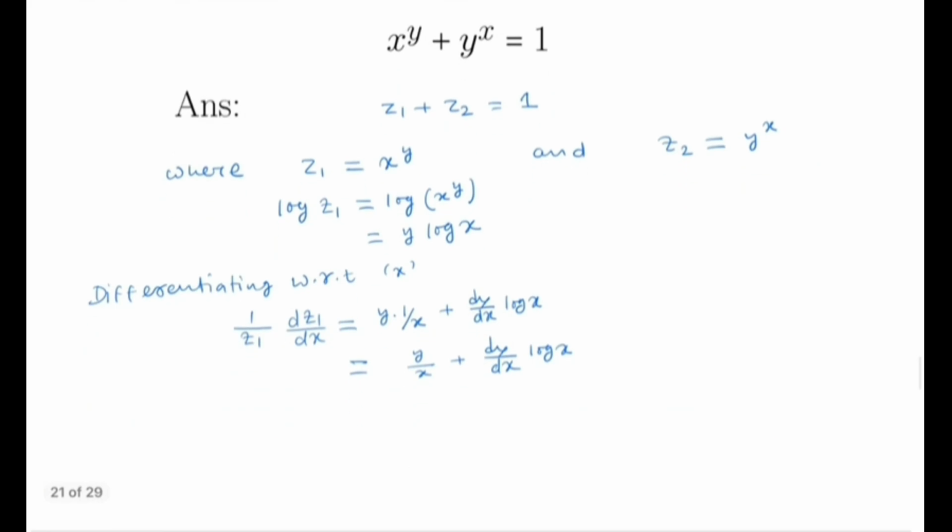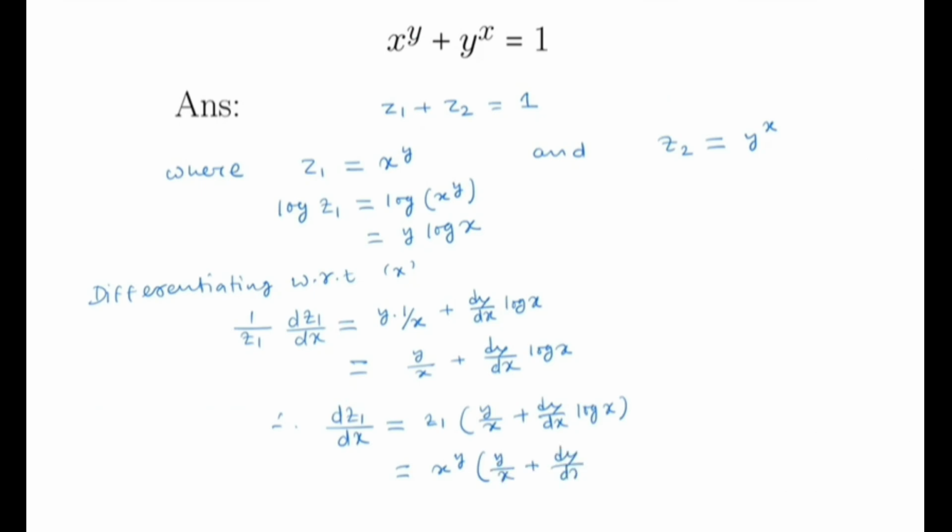So what will be dz1/dx? It is z1 times (y/x + (dy/dx) log x). And what is z1? It is x^y (y/x + (dy/dx) log x). So this is dz1/dx.